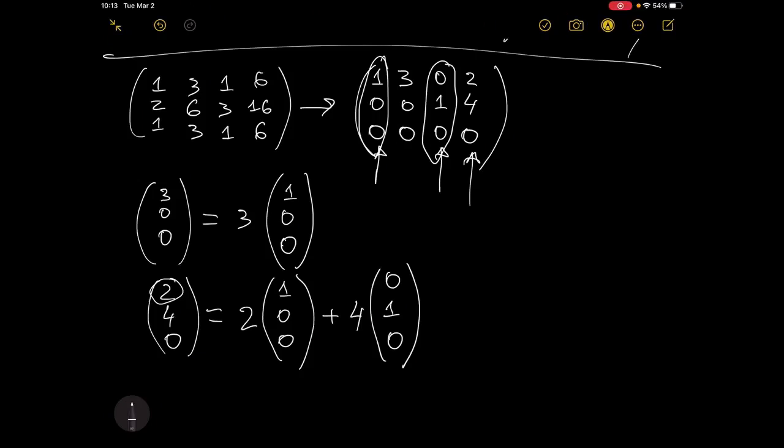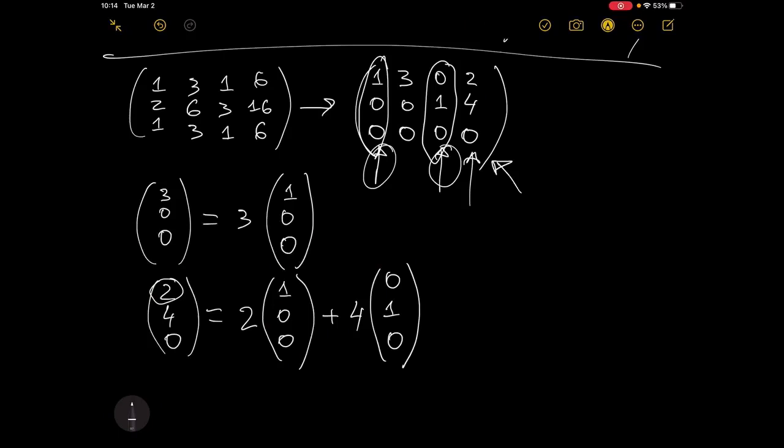Yes, it's clear. Okay, so it means that my column space can be expressed as a span of these columns, and this is for this matrix, not for the original one, right?